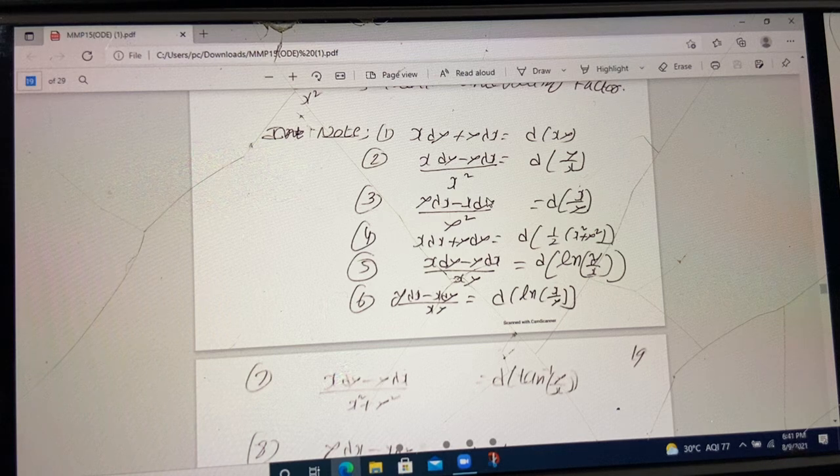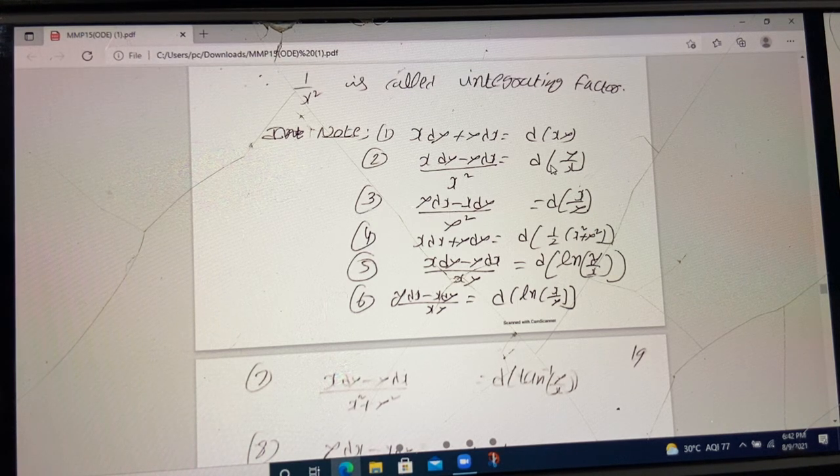If you memorize all this, you will come to know. How will I know 1/x²? Because I know (x dy minus y dx)/x² is d of (y/x), from the u by v formula. The derivative of y/x is (x dy minus y dx)/x². That's how I got the idea. If we multiply by 1/x², it can be written in the form d of something.